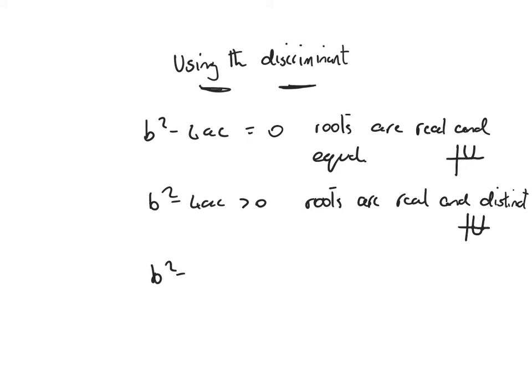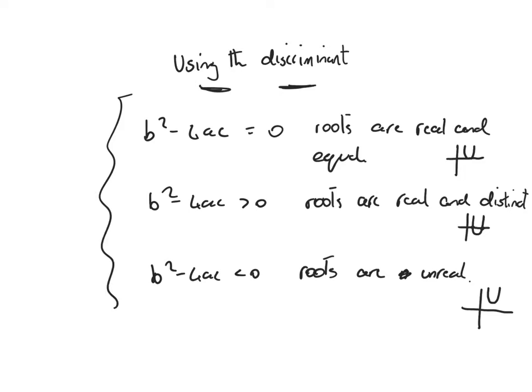And then finally, b squared minus 4ac was less than 0, and that meant in turn that we were getting the square root of a negative number, which would then generate what we described as unreal answers. So you wouldn't get real roots, and it might look a bit like that. Okay, so those were the conditions for the discriminant.